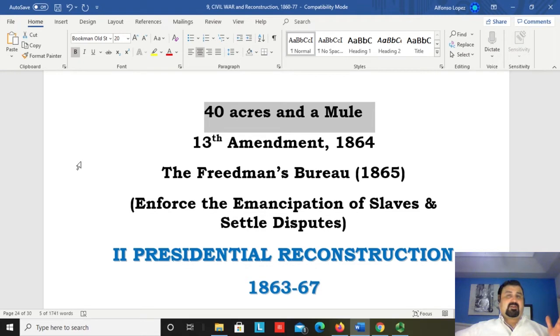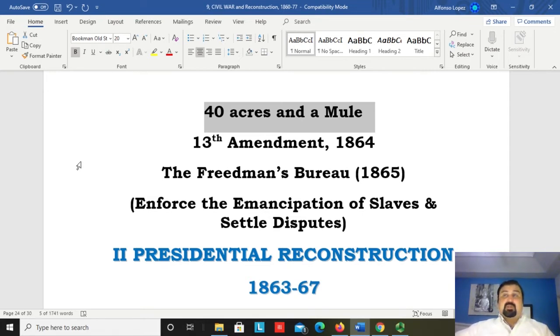40 acres is enough, so give them 40 acres and a mule, and a mule is what back then used to be like a tractor. You know, you have a mule, you tie a plow to a mule, and you can actually till the land for agriculture.